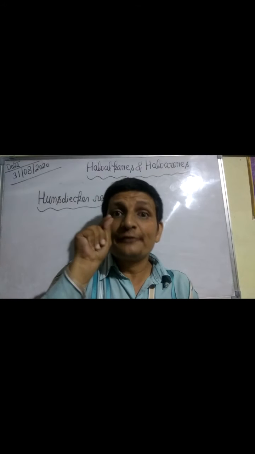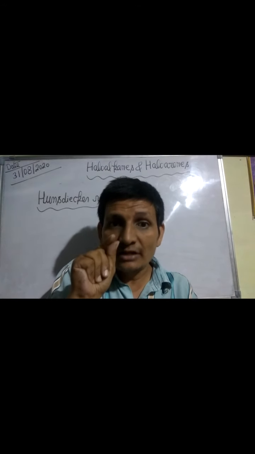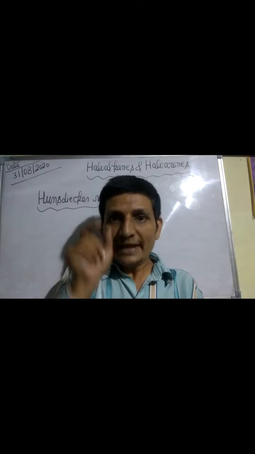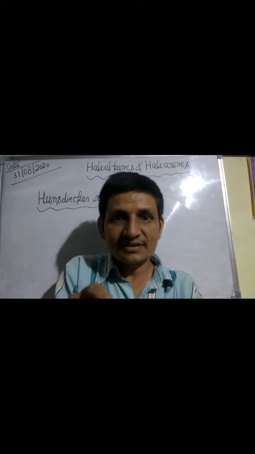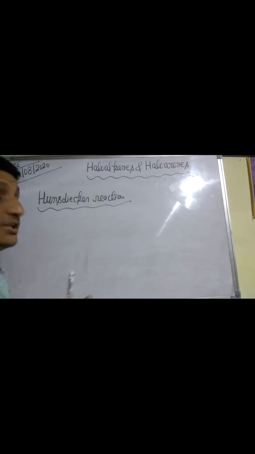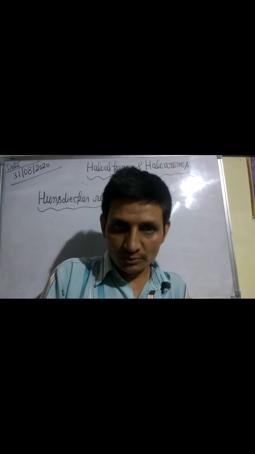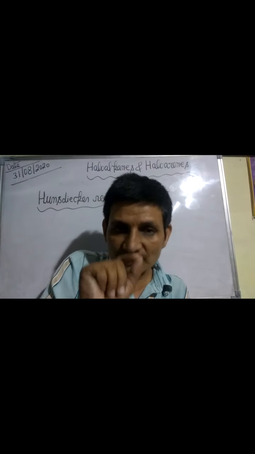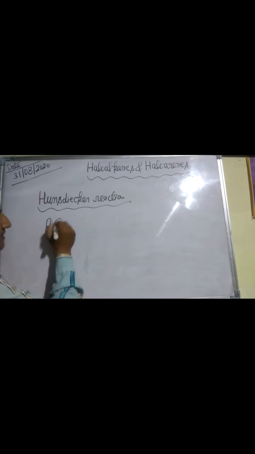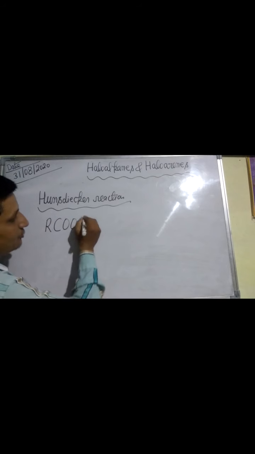Silver salt of carboxylic acid, when heated with bromine in carbon tetrachloride, gives alkyl bromide, and this reaction is called the Hunsdiecker reaction. What is silver salt of carboxylic acid? The formula of silver salt of carboxylic acid is RCOOAg.